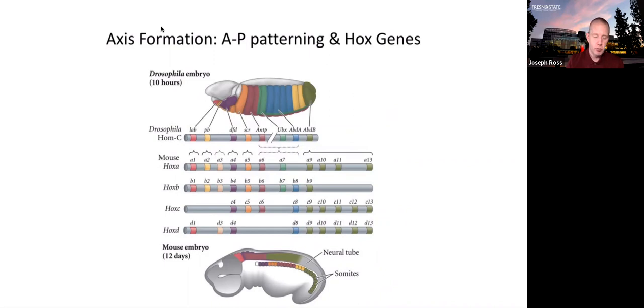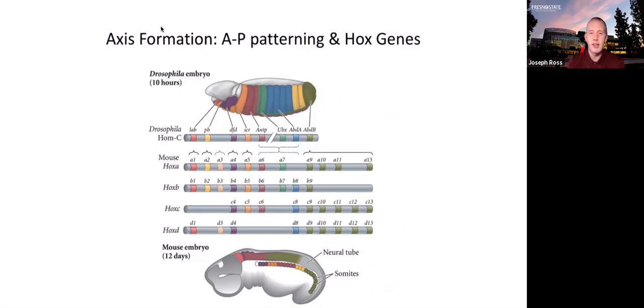And I've already mentioned this before, but just to reiterate, in fruit flies, for example, the order of Hox genes corresponds with the position in the organism anterior to posterior that they're expressed. And this is true from fruit flies to mice.